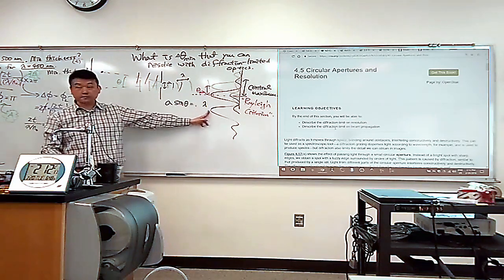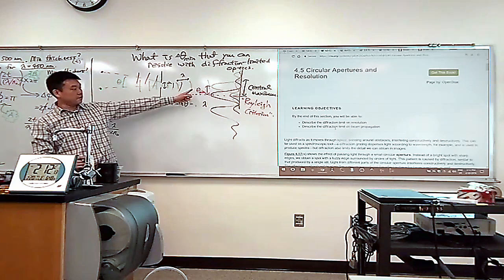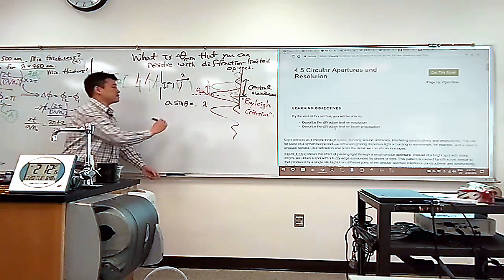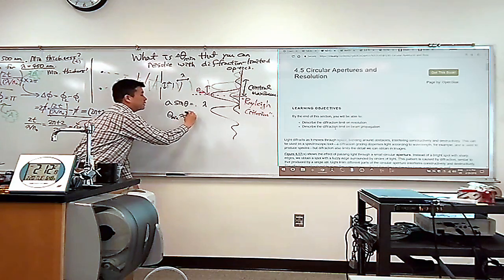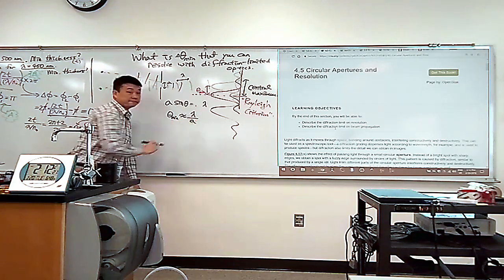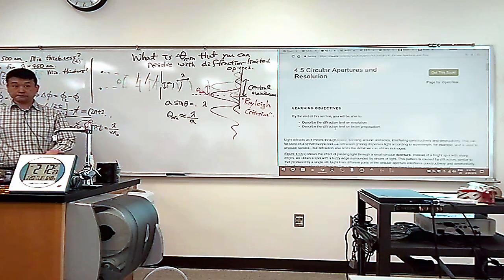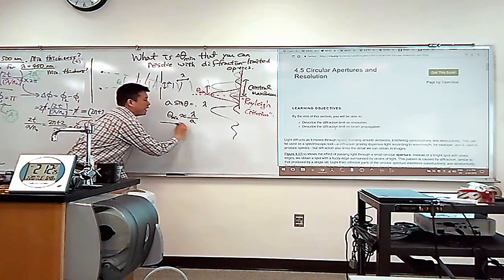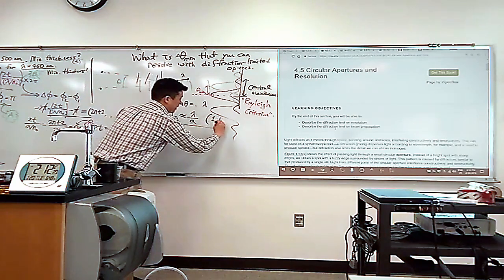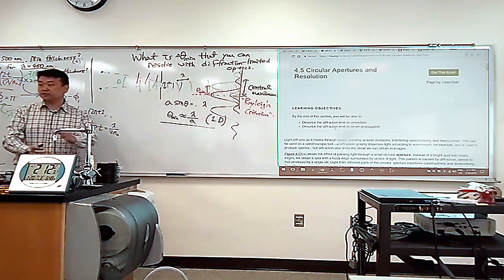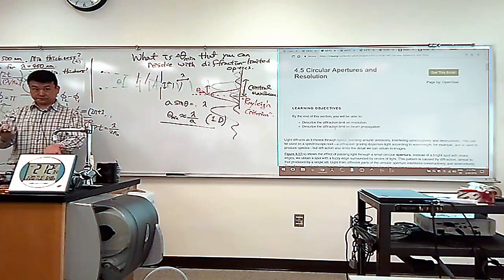So it's A sine theta equals lambda. I'm dealing with a small angle here, so I can say my theta min is approximately lambda over A. So this is what the Rayleigh criterion would say for a one-dimensional slit, as in a one-dimensional aperture.